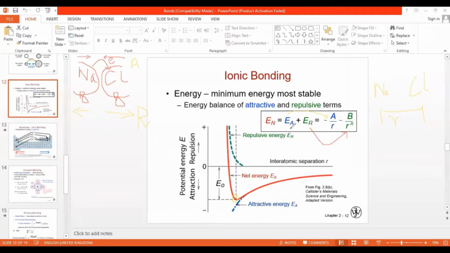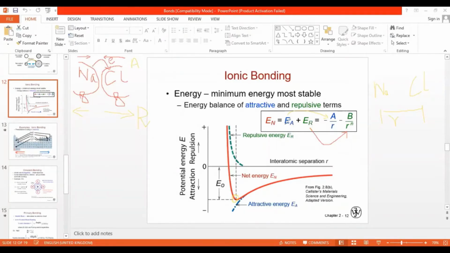Similarly, the green dotted line is the repulsive energy, ER. The sum of these two, the attractive energy and the repulsive energy, will be the net energy En.